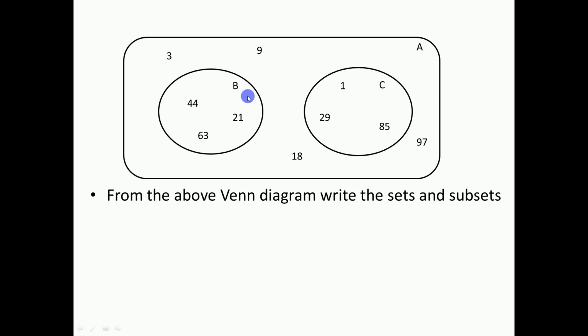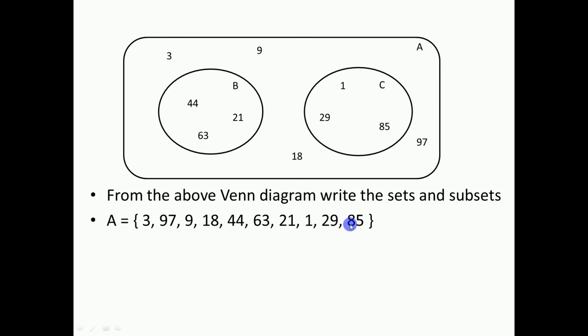You can write set A as 3, 9, 18, 97, but if you see, set B is present in set A, so we can consider these elements as elements of A. So I have written 44, 63 and 21 as the elements of set A. Then set C is also present in set A, so the elements of set C are also members of set A. So I can write 1, 29 and 85 also.